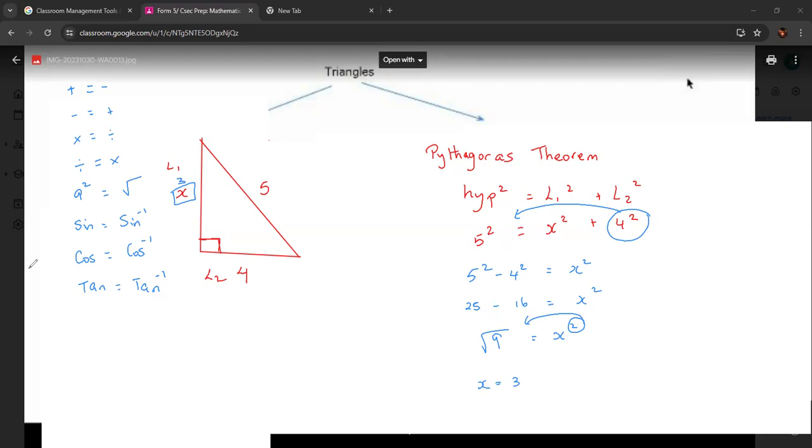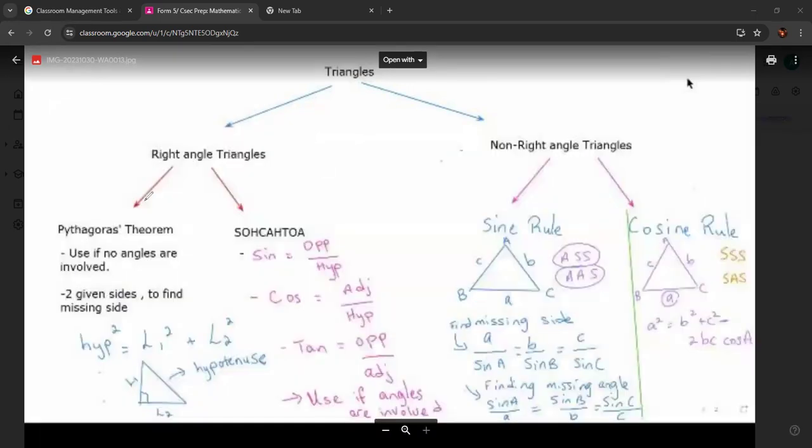So basically, if you're given a right angle triangle, no angles involved, but they give you 2 sides and ask you to find the missing side, you use the Pythagoras theorem. If, however, it's a right angle triangle and you have an angle, either the value of the angle is given or the angle is asked for you to find, we use trig ratios, which is simply summed up by the term SOHCAHTOA.